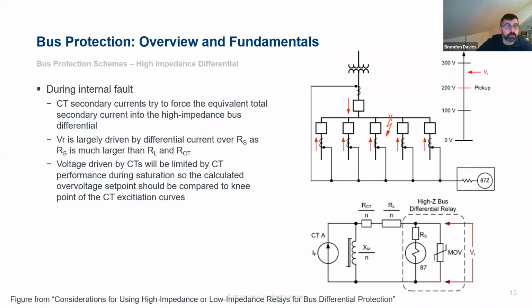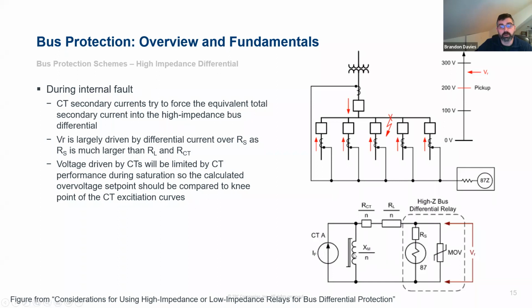So next we'll look at our internal fault case. During an internal fault, all the currents are flowing into the bus. The CTs are trying their best to drive a representative secondary fault current through that high impedance element here, the stabilizing resistance RS.